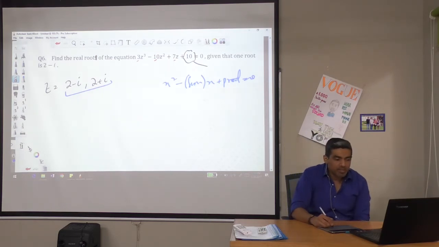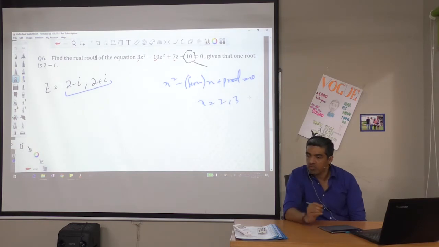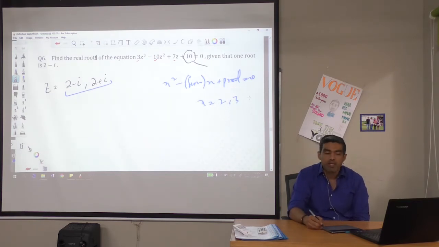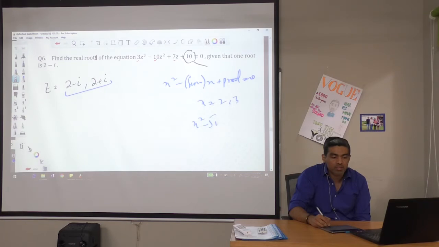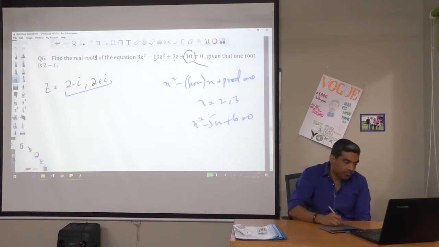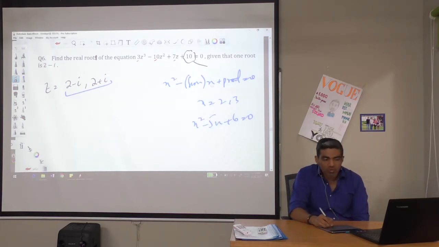I'll give an example. Let's say the two roots of an equation are 2 and 3. There is a quadratic equation whose two roots are 2 and 3. What is that quadratic equation? You can directly find it, and I know that the quadratic equation is x squared minus 5x plus 6. How do I know that? I know that because the coefficient of x has to be the negative sum of the roots.